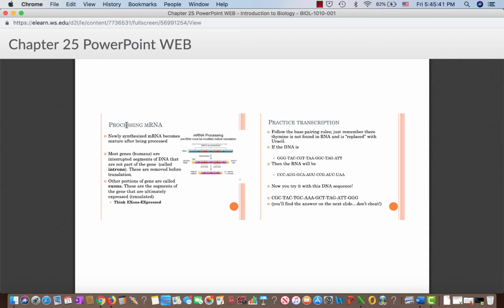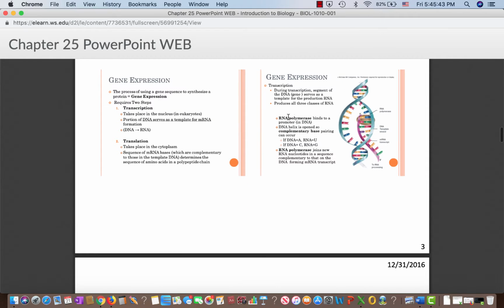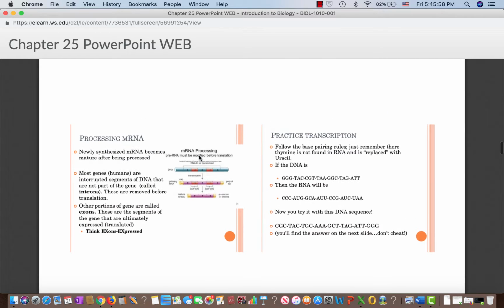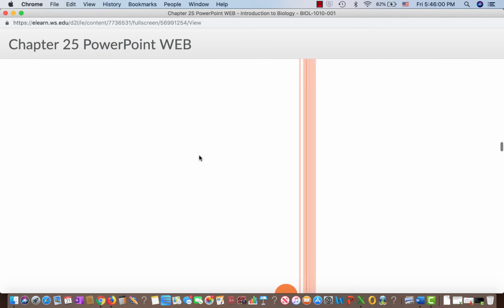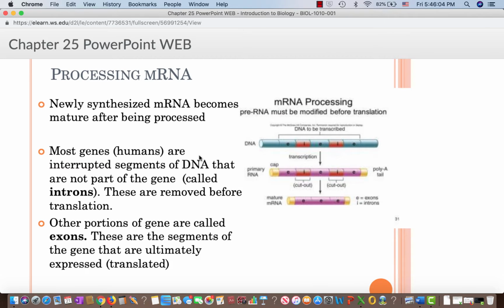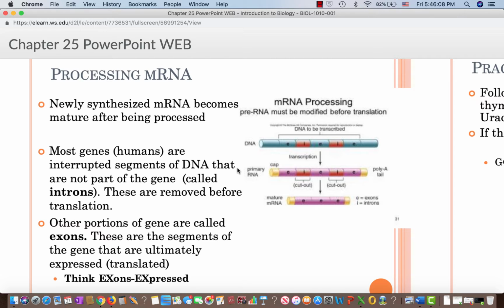Once you have copied your RNA, you've transcribed your RNA, then you have this processing of your messenger RNA. Let me zoom in here a bit. Okay, so you have your DNA template, and you make your primary RNA sequence.